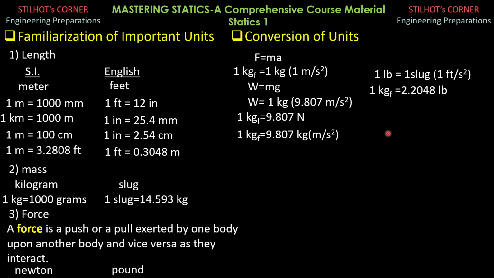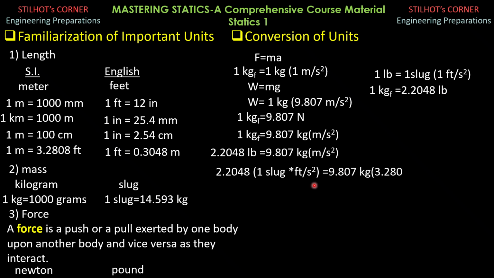Since 1 kilogram force is equal to 2.2048 pounds, substituting it here, we replace pound as 1 slug times foot per second square. So 1 kilogram force is 2.2048 pounds, and this pound here is equal to 1 slug times 1 foot per second square. And it is equal to 9.807 kilograms times meter per second square.